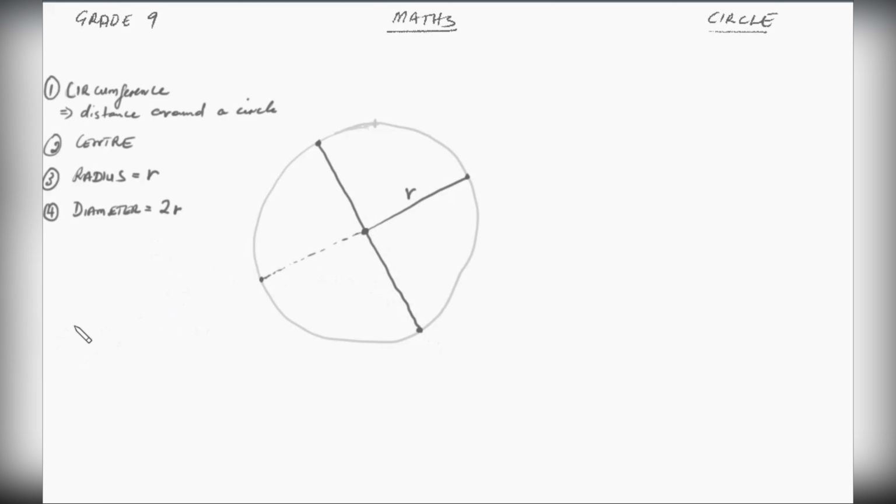Right? Okay, now let's say we draw a straight line from a point on the circumference to another point, but this straight line is not passing through the center. Once we do that, we have drawn what is known as the chord of a circle.